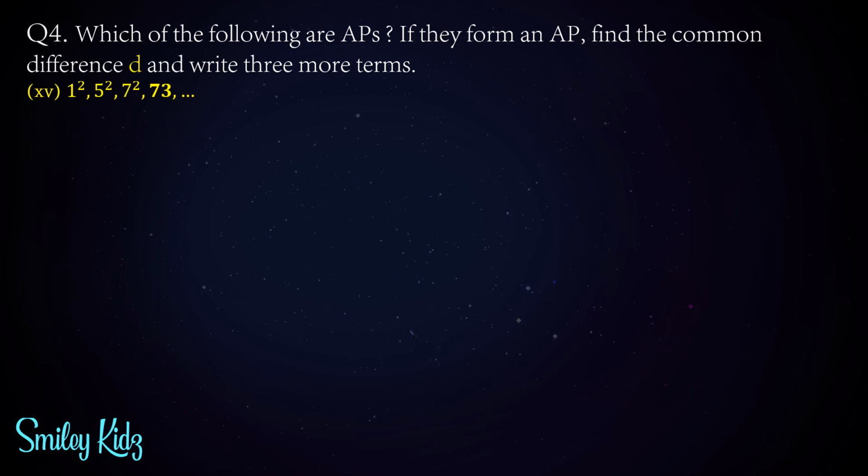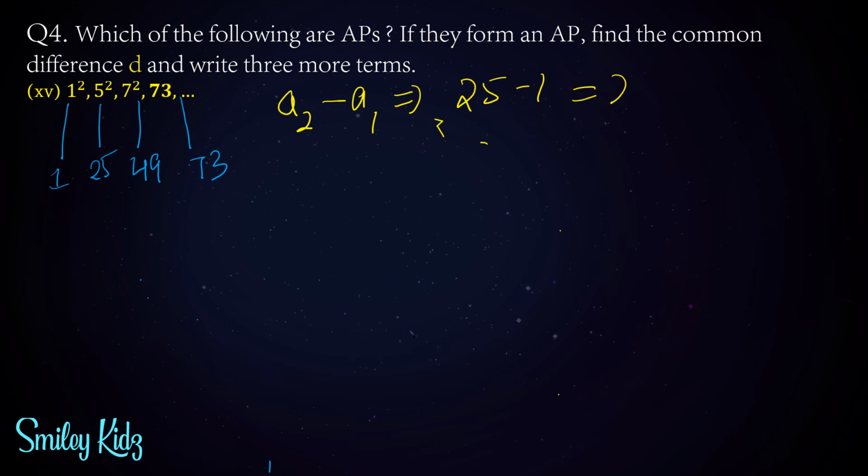Moving ahead, we have 1 square, 5 square, 7 square, 73, and so on. Let's see whether this is an AP. 1 square is 1, 5 square is 25, 7 square is 49, and then we have 73. Now, A2 minus A1 is 25 minus 1, which is 24.